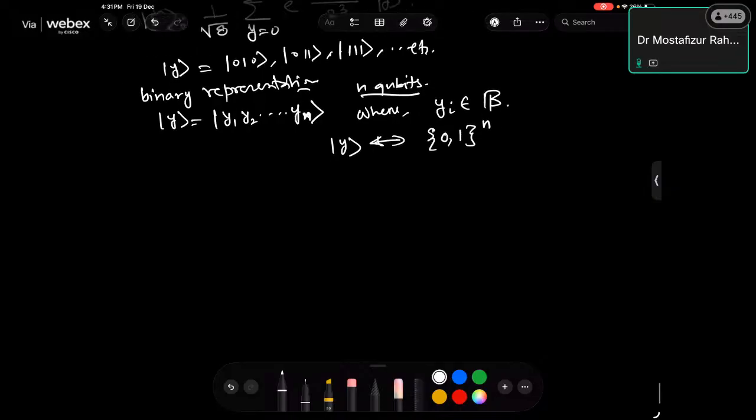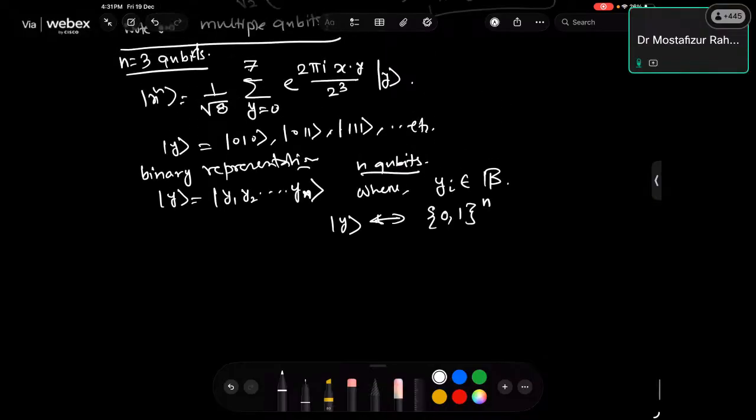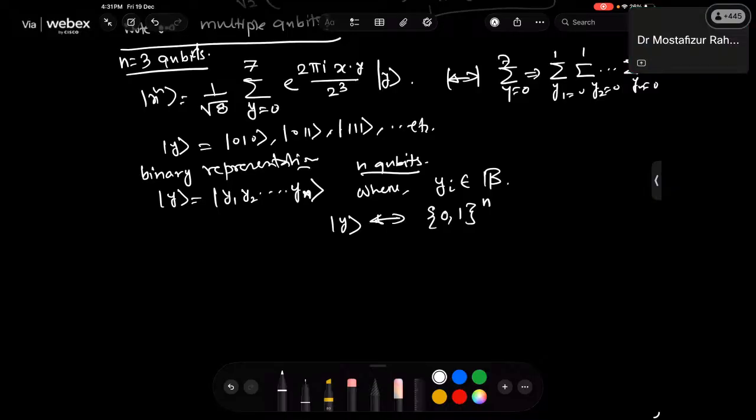And also sometimes this summation over y from 0 to 7, in some books you will see written as a binary variable summation, say summation y1 from 0 to 1, then summation y2 equals 0 to 1, so on up to summation yn equals 0 to 1, for each of the individual variables y1, y2, y3 and so on.